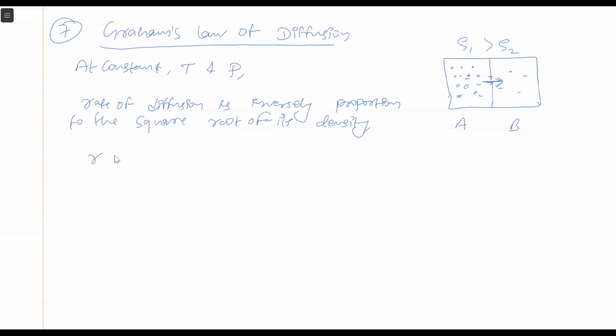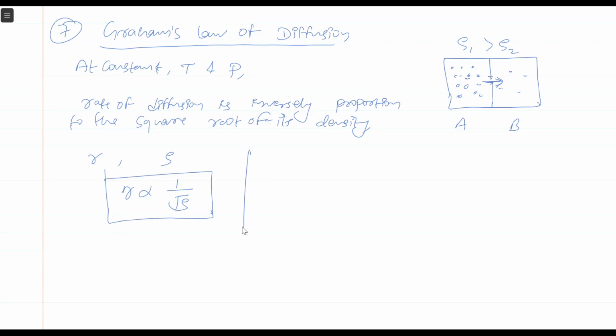So if the rate of diffusion is considered to be R and the density is considered to be rho, then according to Graham's law, rate is proportional to 1 by root under rho. This is the statement of Graham's law.